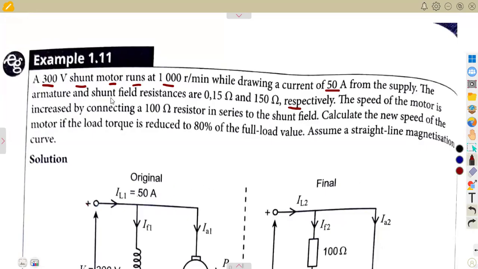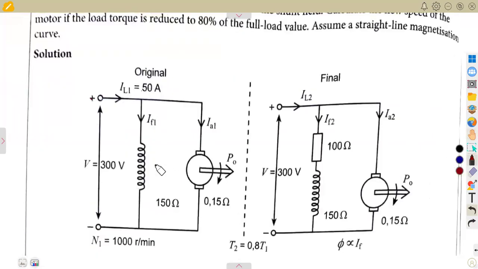Then the armature and shunt field resistance being 0.15 for the armature, and for the shunt field, 150. So the shunt field, which is this one, is the 150. So we're just going to call this RF1. Then we have got the armature. All right. So this is RA for the armature. That is what you are having from the original conditions that you're given.